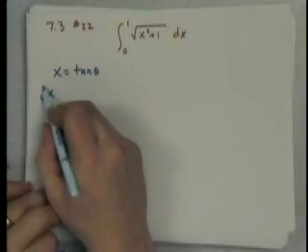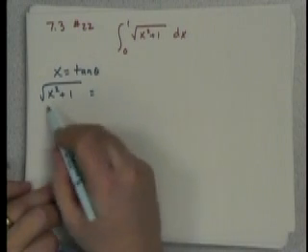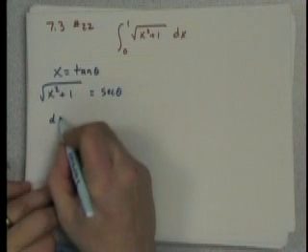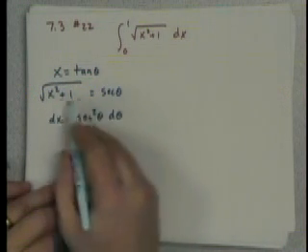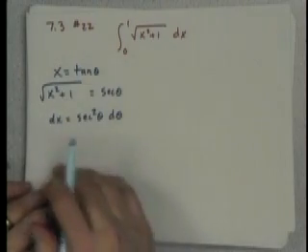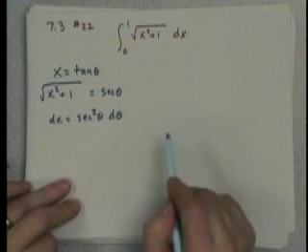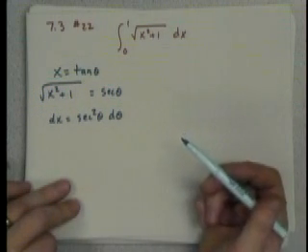If you want me to, I can go through it again, but square root of x squared plus 1 is just going to be secant theta, and dx is going to be secant squared theta d theta. To get this, x squared is tangent squared, x squared plus 1 becomes tangent squared plus 1, which is secant squared, and then we take the square root of that, you get secant.